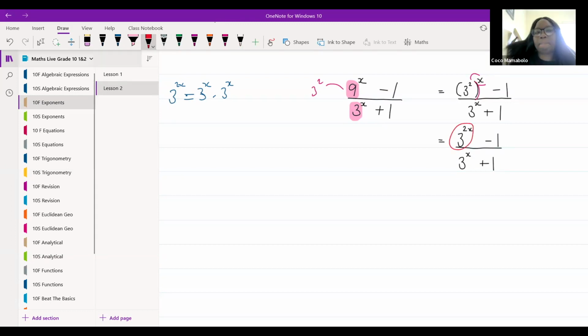Okay, can we now split 3 to the power of 2x? Yes, we can. We can split it into 3 to the power of x times 3 to the power of x. And then we cancel. Over 3 to the power of x plus 1. But Mandisa, we can't cancel. Why does ma'am say we can't cancel? There's a minus sign over there.